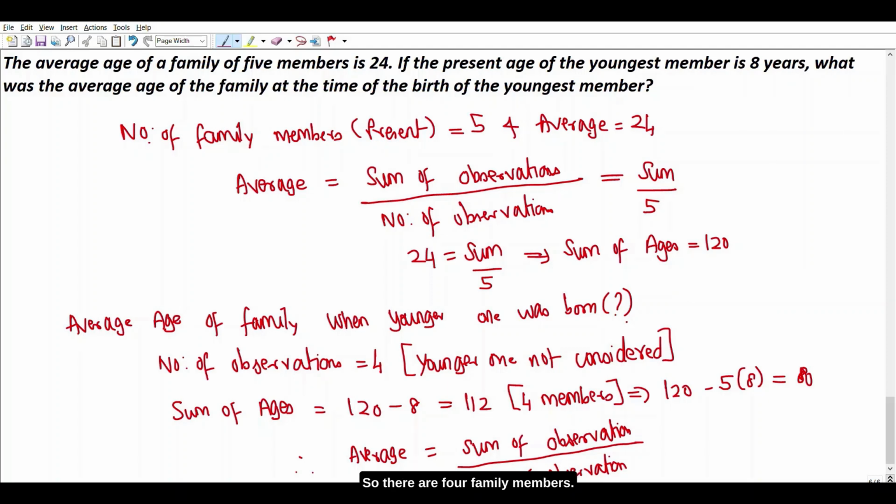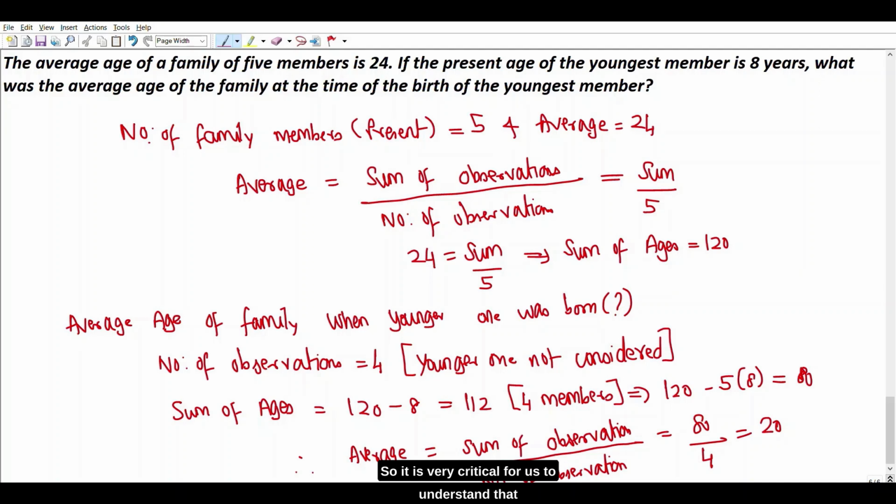So there are 4 family members. So 8, another 32 will be subtracted. Therefore 120 minus 40 will give us 80. Now we know that average is equal to sum of the observations 80 divided by number of observations 4, which is equivalent to 20.